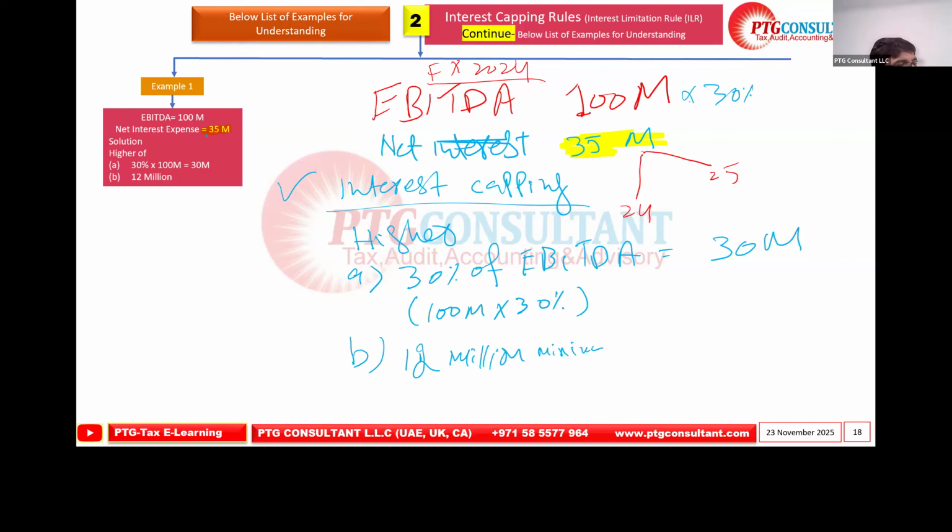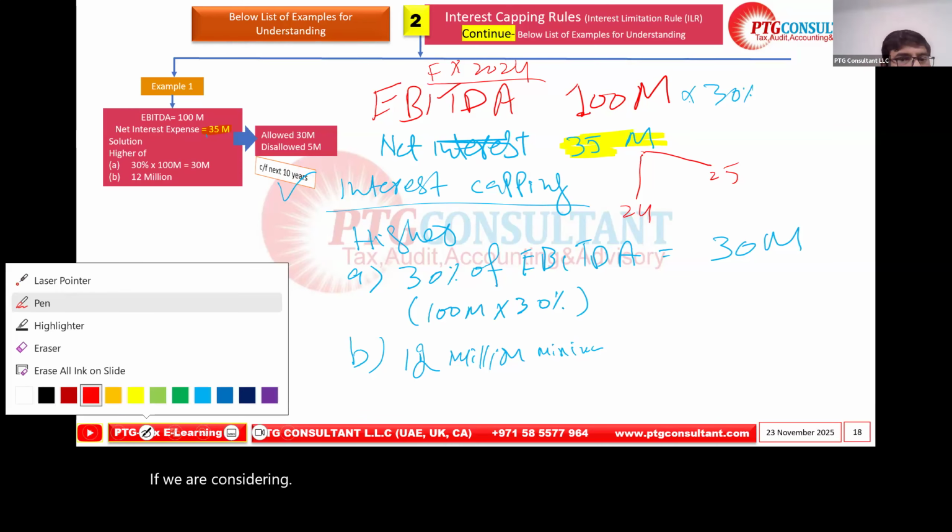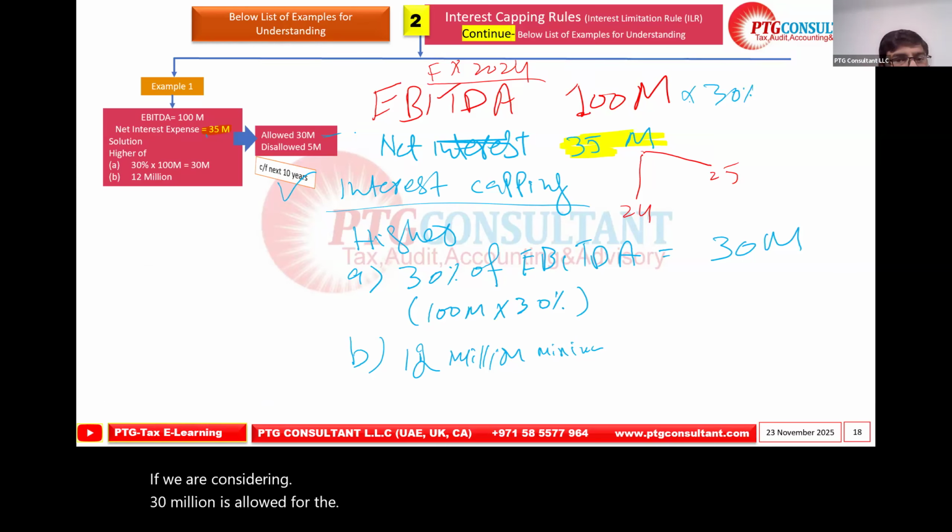Other participants, please respond quickly. If we consider 30 million allowed for 24, then 5 million is carried forward for the next 10 years.